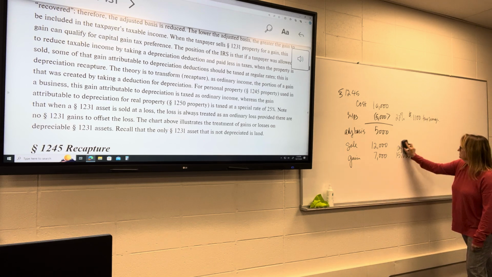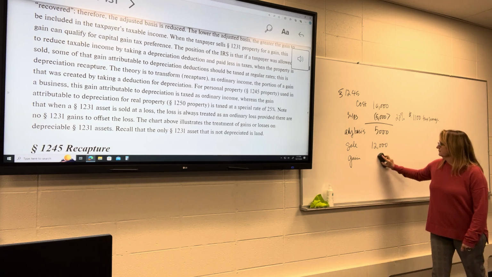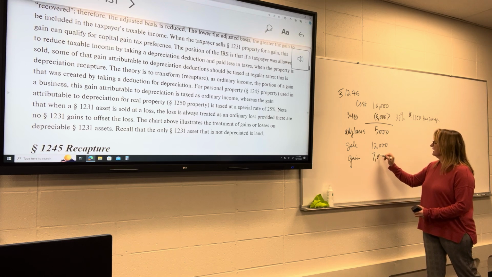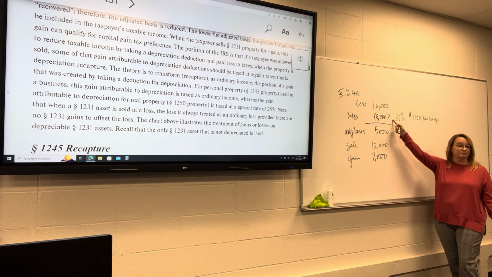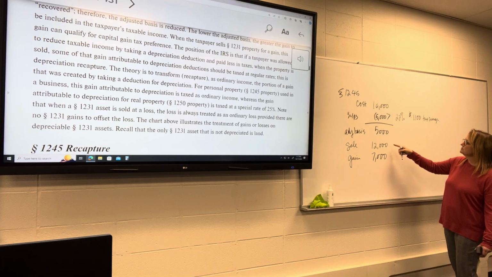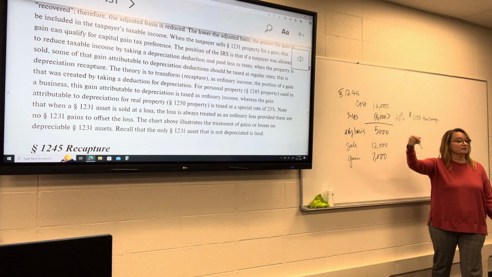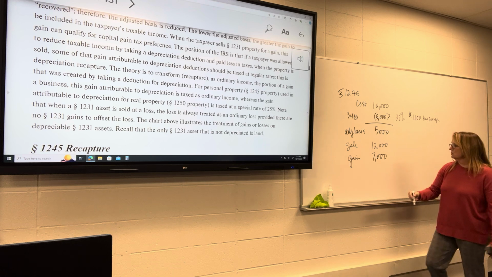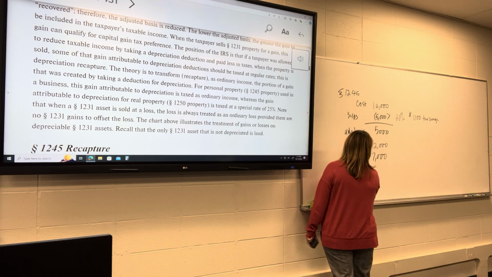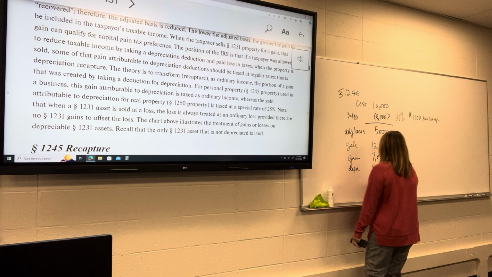So what they're going to do, our gain is still 7,000, but now there are two parts to that gain. There's the part that was attributable to depreciation, and then there's a part that is attributable to appreciation, increase in value of that asset. So the depreciation part is 5,000.